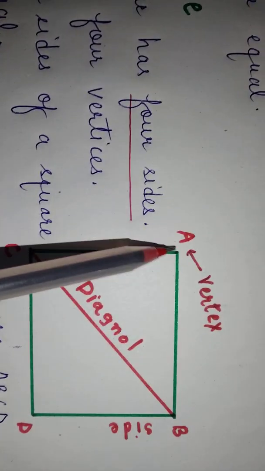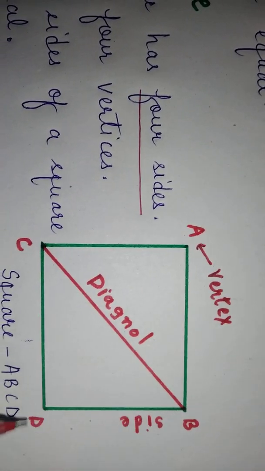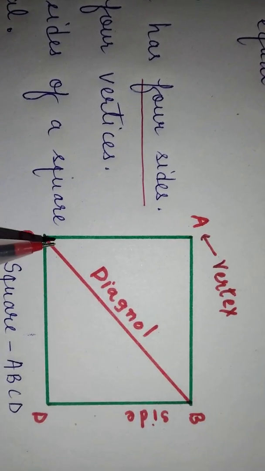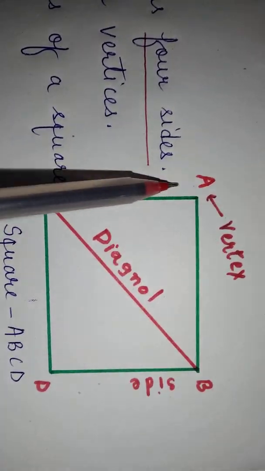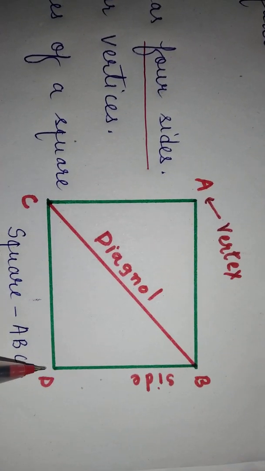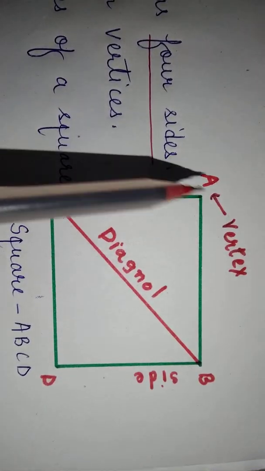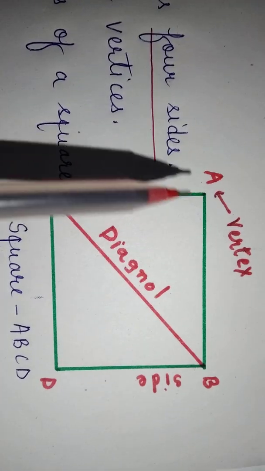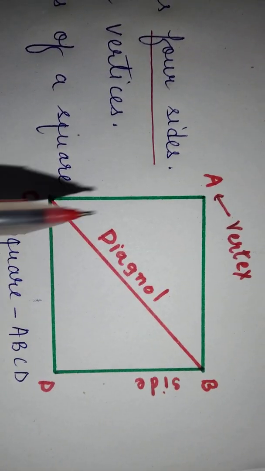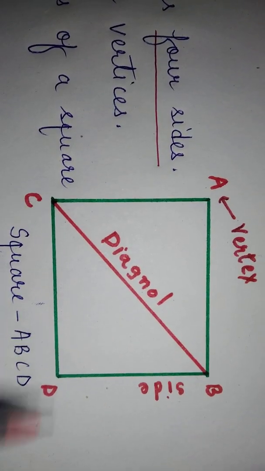You'll represent each and every vertex with alphabets. So here I have named it A, B, C, D. So the name of this square will be square ABCD.